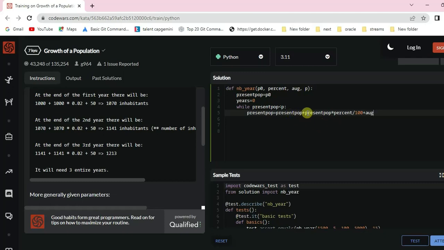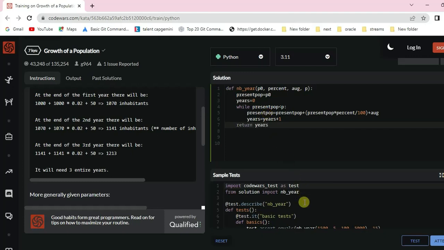In order to avoid confusion, I'm taking brackets here. Okay, here I'm adding years. If the condition is true, it should be incremented with 1. So if not, we need to return years.